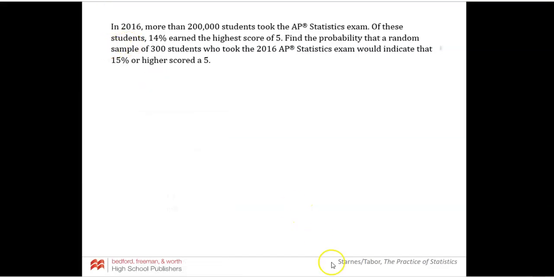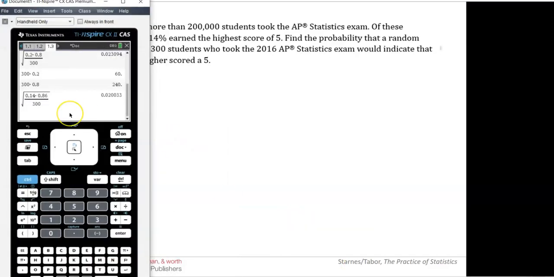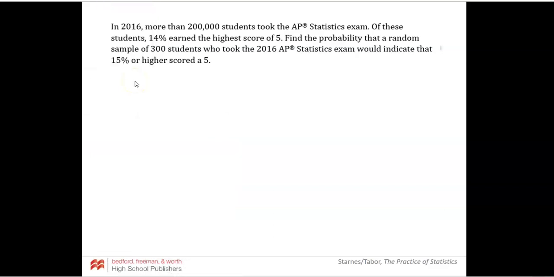So we also have to prove that it's normal before we can use a normal curve. So if we do successes, 300 times 0.14, failures, 300 times 0.86, those are both greater than or equal to 10, therefore we can use an approximately normal curve to approximate this.